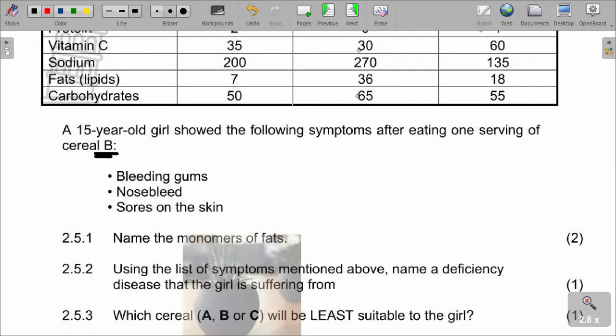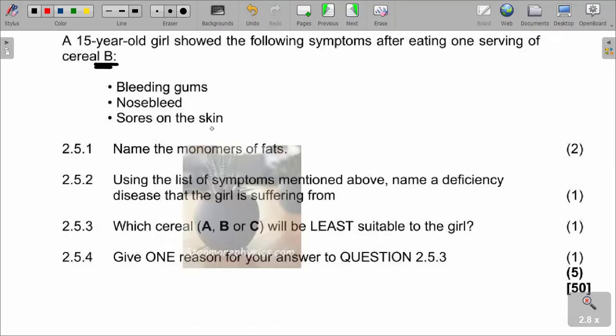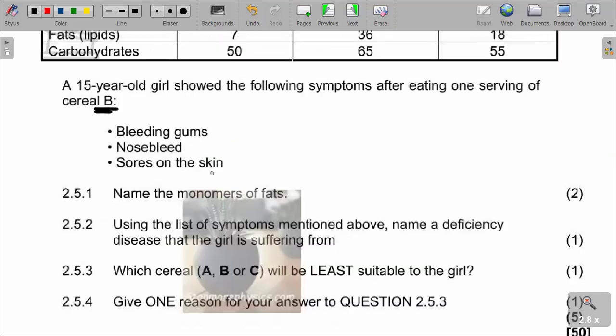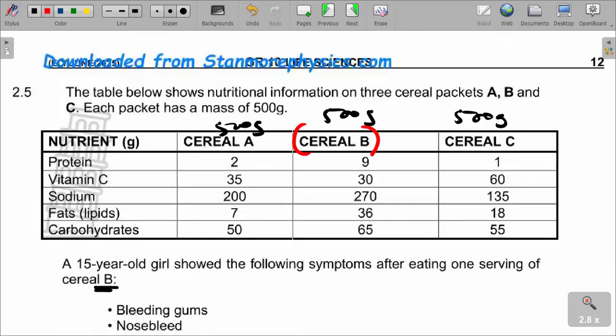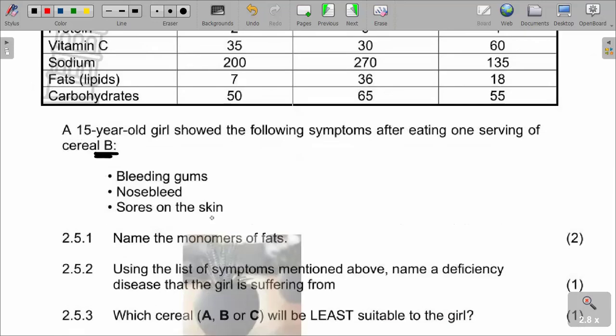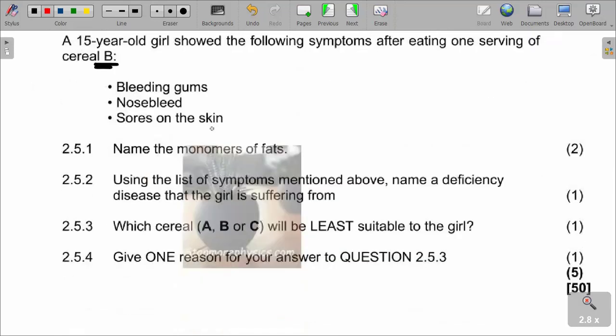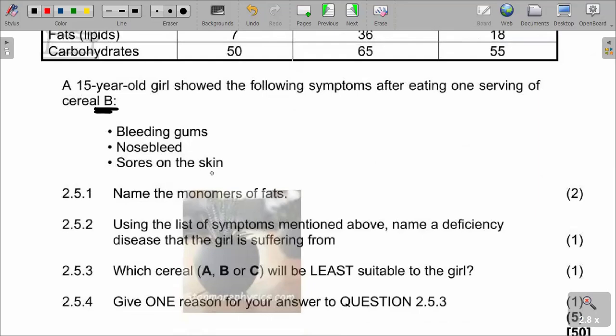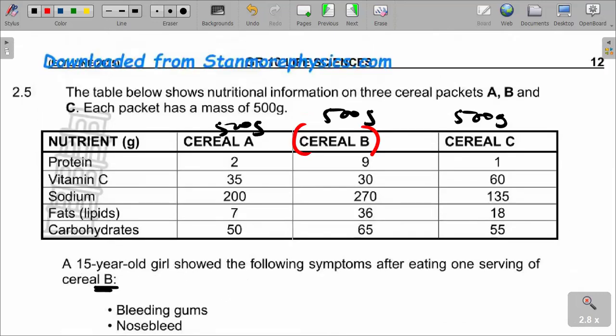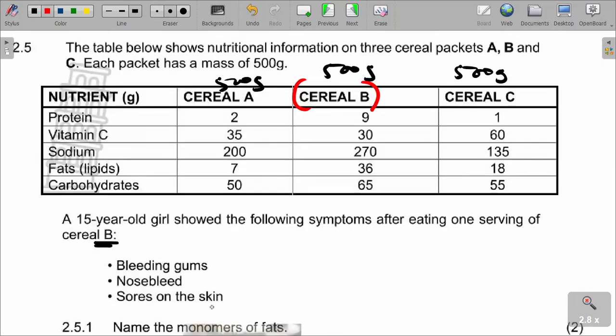Please refer to the channel for more details, because we cannot keep answering one and the same question. I've just put it here for you to refer to and check again that this is an exam question that is very common. Please note that you'll be asked to give one reason for your answer, using the nutritional values and measurements given there. You should be able to answer these questions, given that they do appear in exams.